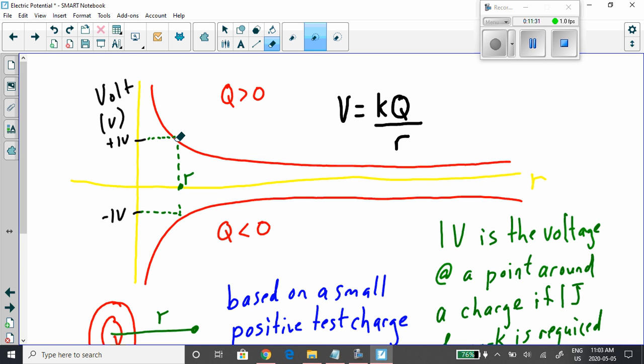And that is making a connection between energy and this thing called voltage.